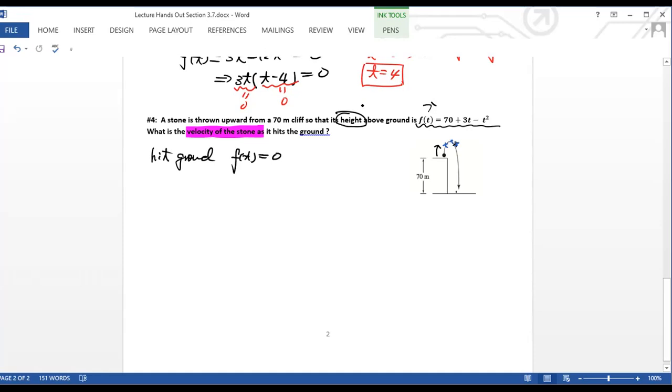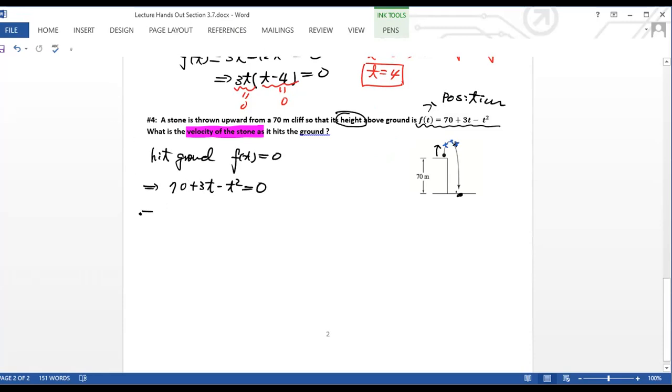Because this is what we call a position function, that means the position is right here at 0, correct? All right, so now you will have 70 plus 3t minus t squared equal to 0.